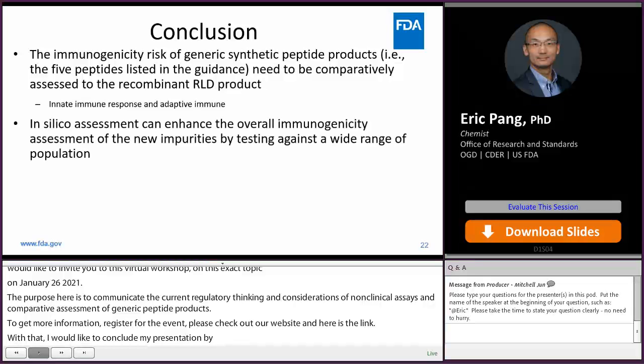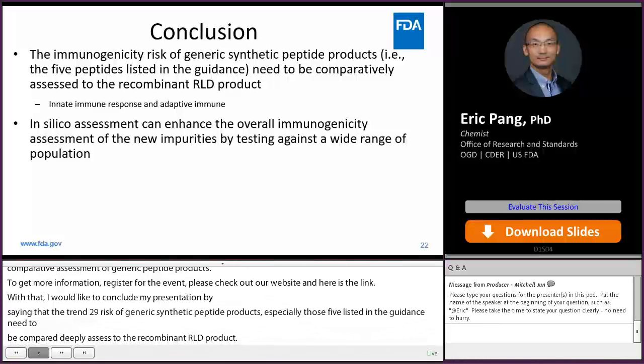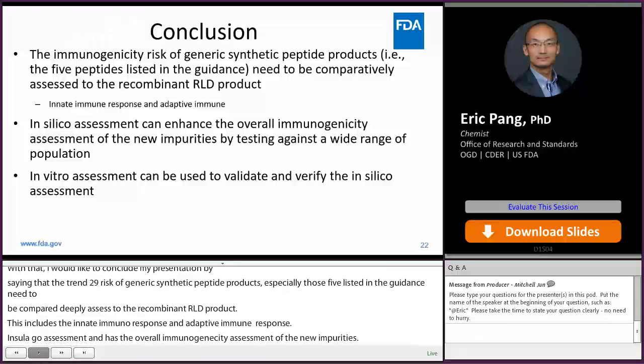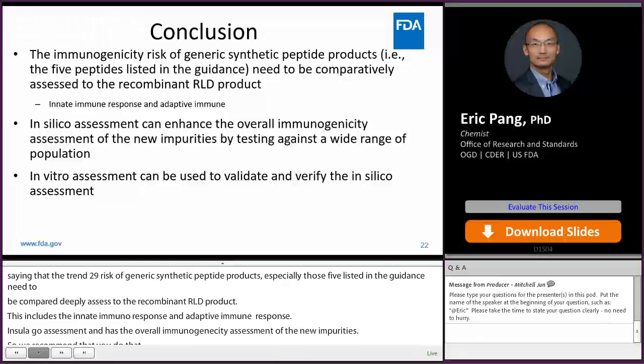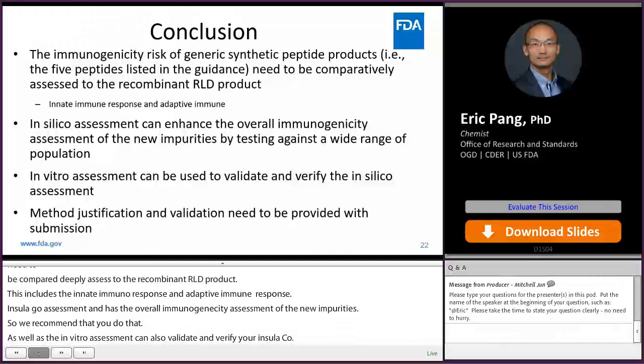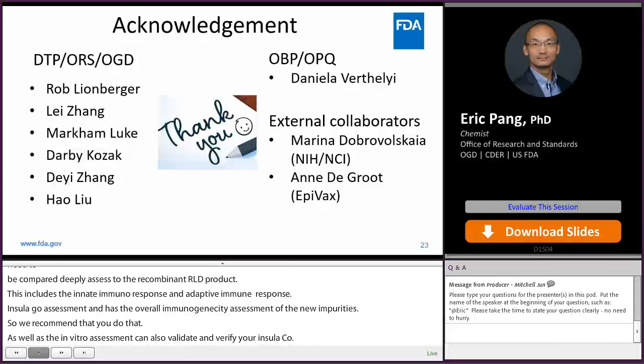The in silico assessment can enhance the overall immunogenicity risk assessment of these new impurities, so we recommend that you do that, as well as the in vitro assessment, which can also validate and verify your in silico assessment. Please remember, for both innate and adaptive immune in vitro assays, the method justification and validation need to be provided for your submission. With that, I'd like to acknowledge my colleagues and coworkers, and thank you for your attention.